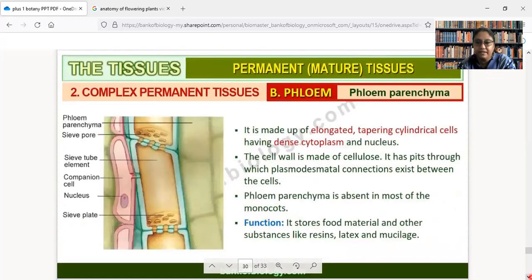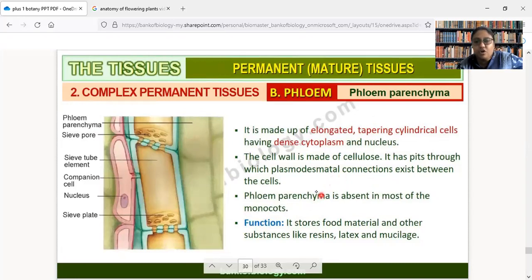Now phloem parenchyma. They are generally tapering cylindrical cells, with very dense cytoplasm and a nucleus. The cell wall is made up of cellulose. They have slight pits, like plasmodesmata between two cells. We know plasmodesmata are the path through which the cytoplasm of one cell is connected to the other cell.